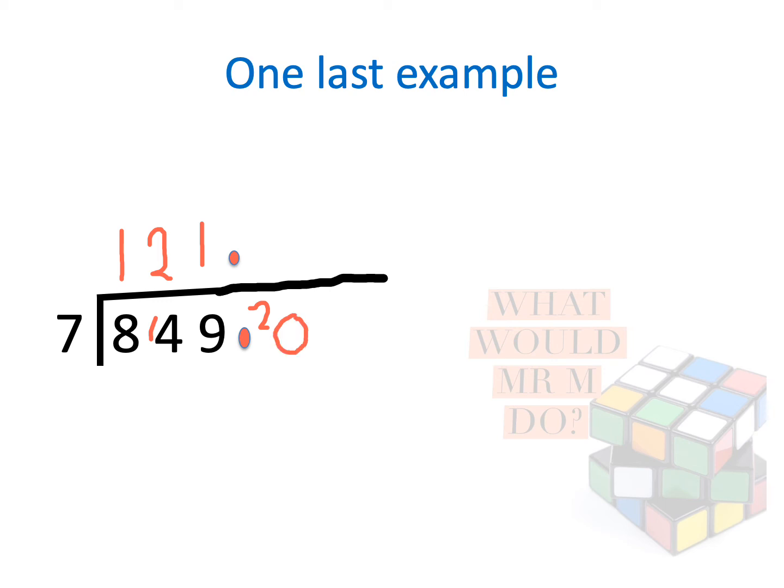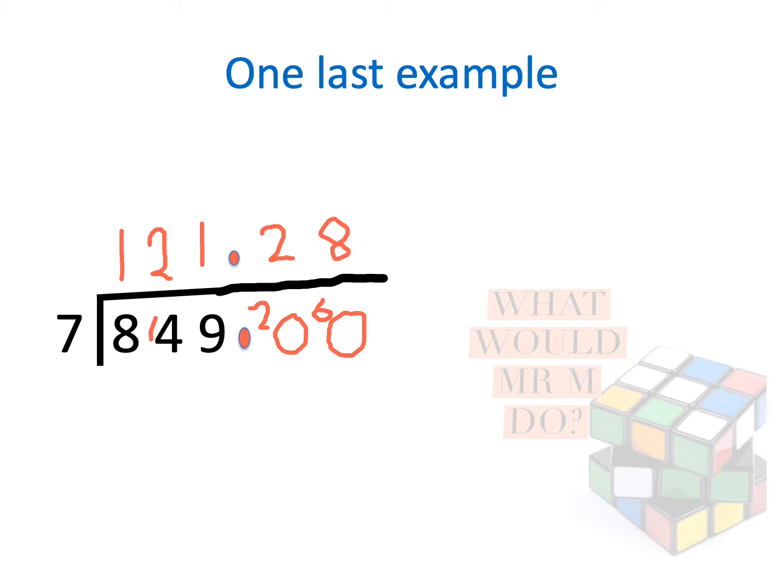Now how many 7s are there in 20? Now there are 2 7s in 20, and again I have a remainder. This time I have a remainder of 6, so I'm going to put my 0 in the hundredths column and I'm going to carry the 6. Now how many 7s are there in 60?